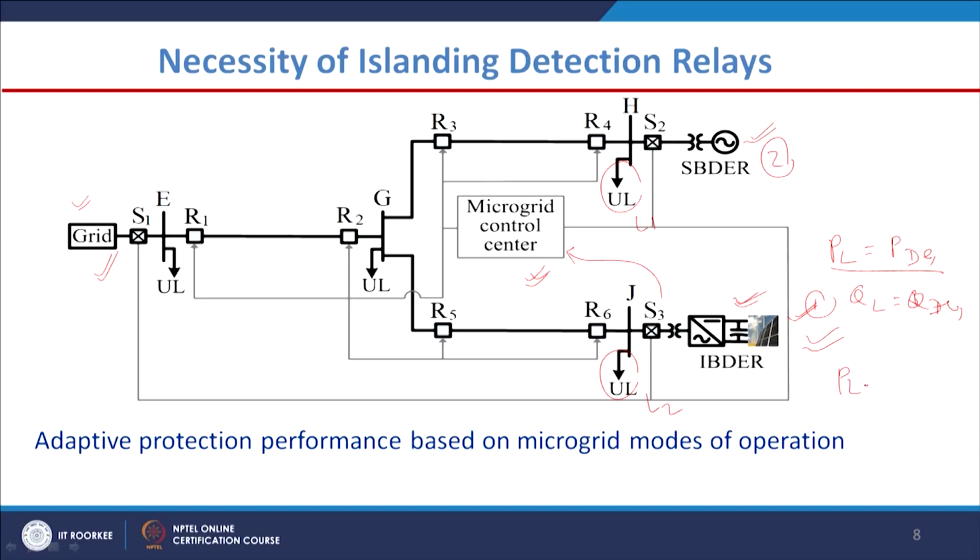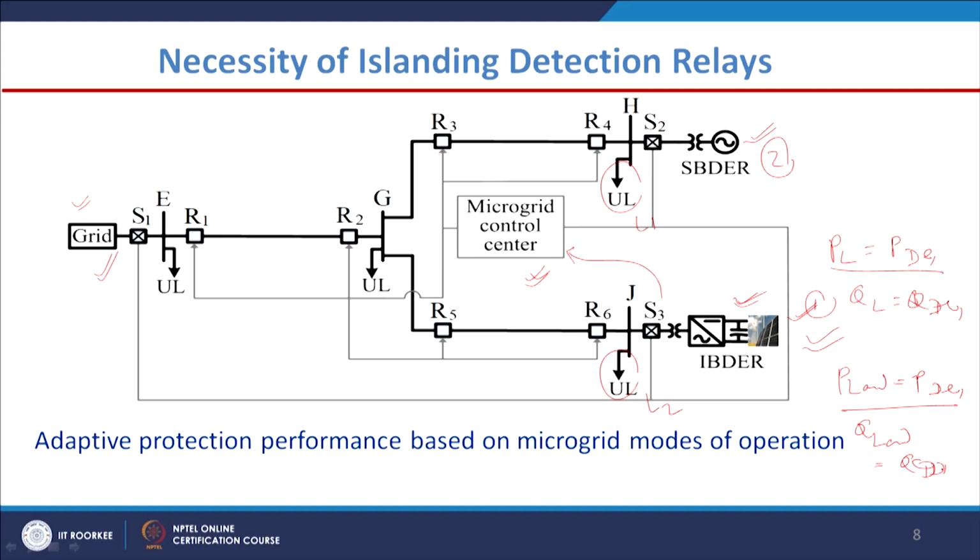Is it possible? It may not be possible. Sometimes it may also happen that P load is equal to PDG, which is known as the perfectly power matched condition. And also sometimes it may happen that Q load is equal to QDG.